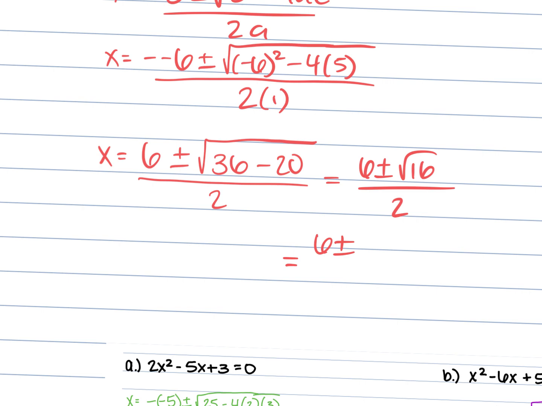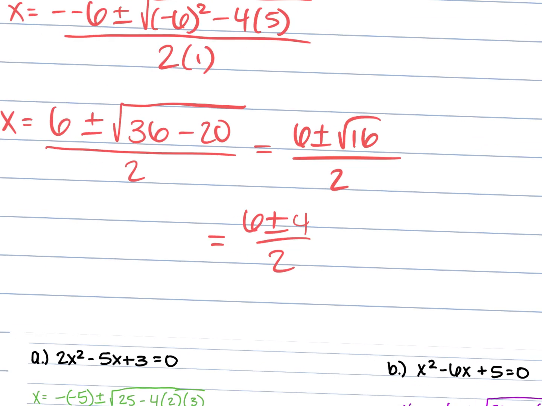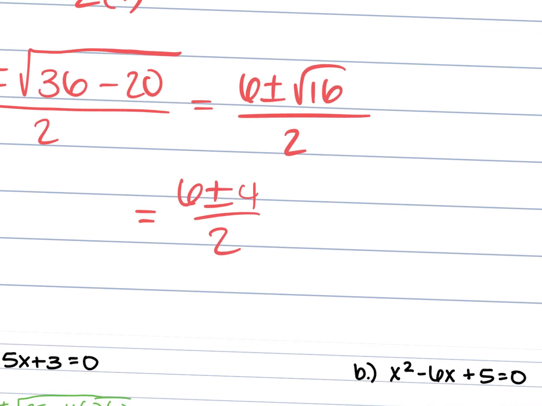So 6 plus or minus 4 over 2. And then I took out 2 from both. Oh, check you out. So you divided everything by 2. Yeah, that's right. So 3 plus or minus 2.